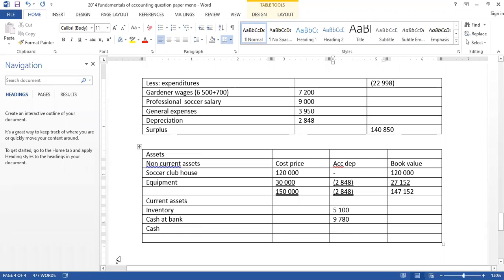Cash at bank is just the amount of money that you have in your bank account. And then in the additional information, we are told that our cash balance amounted to 6,248. Do we have any other current assets?